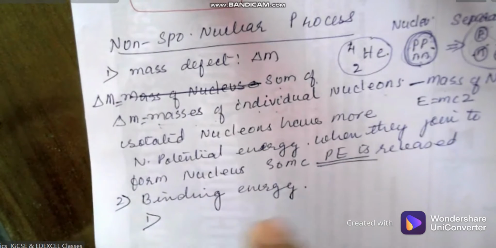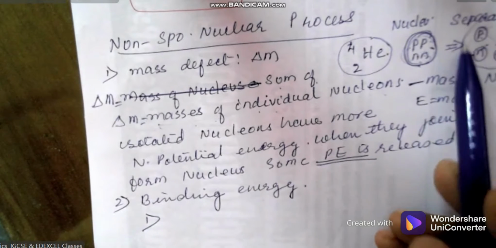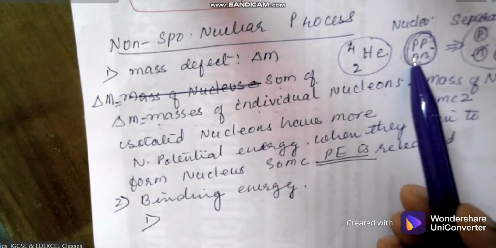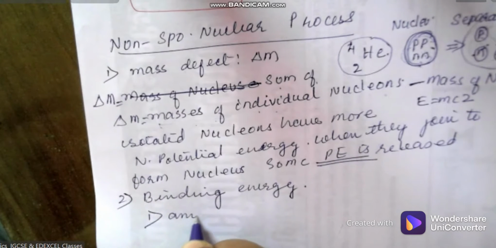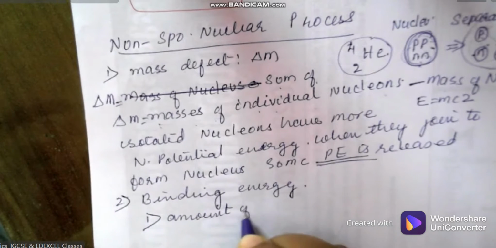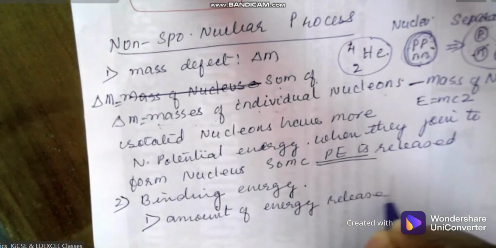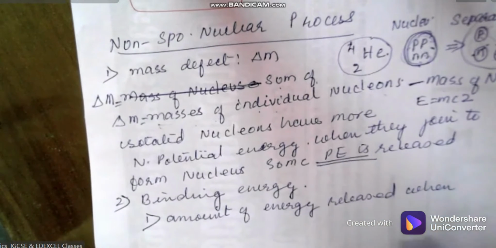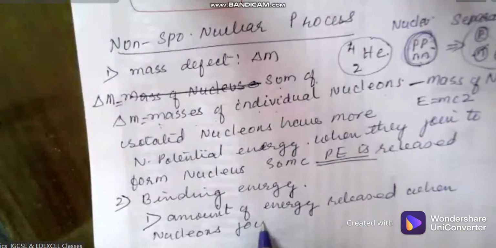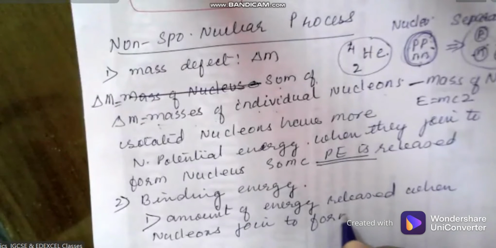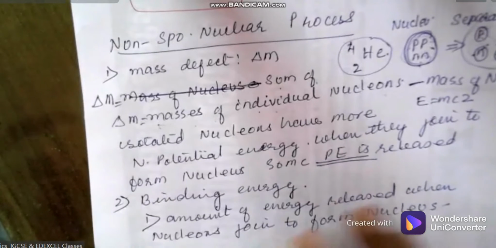Number one, it is the amount of energy released when nucleons join to form a nucleus. This is one way of understanding it.